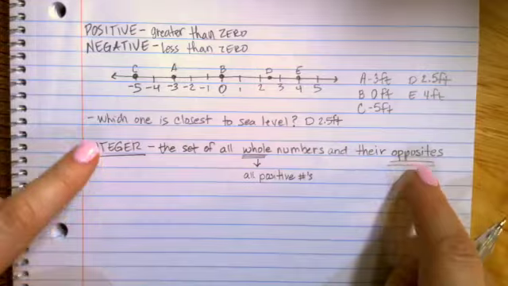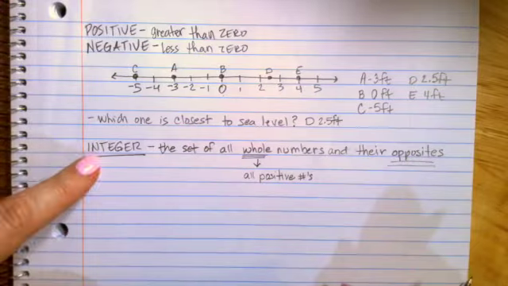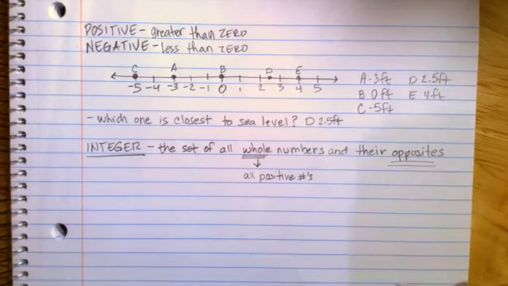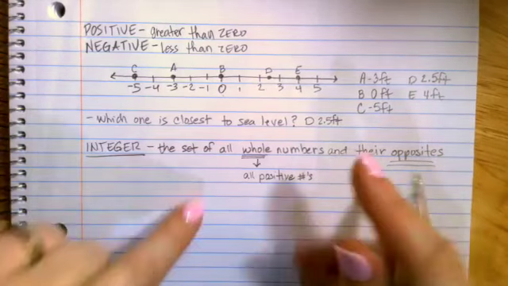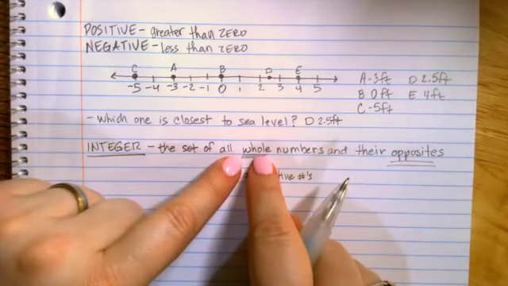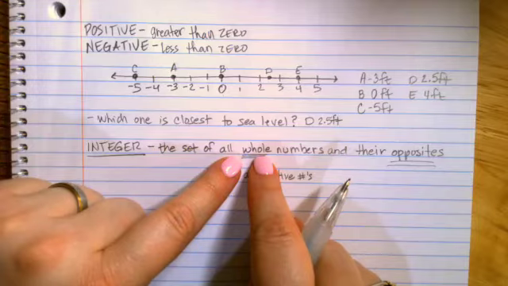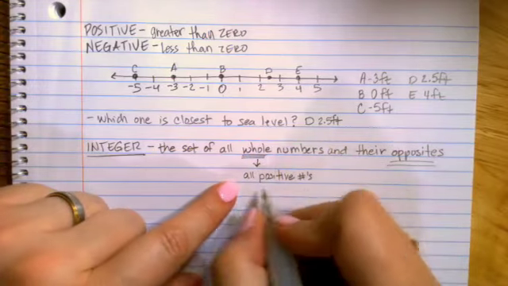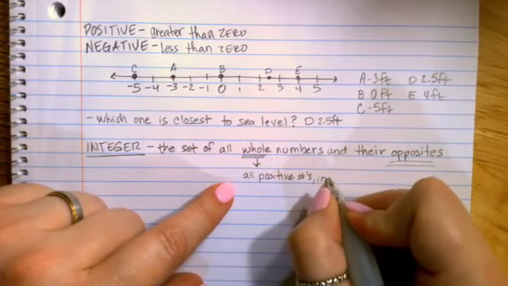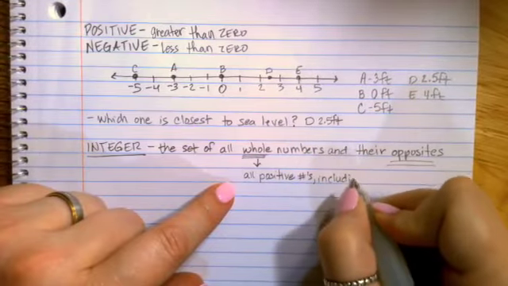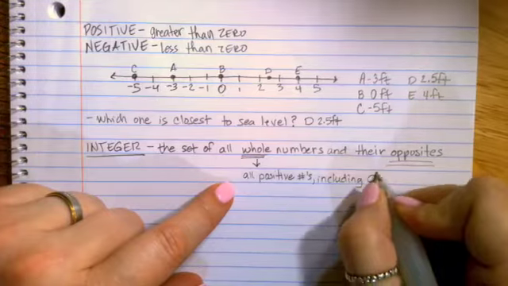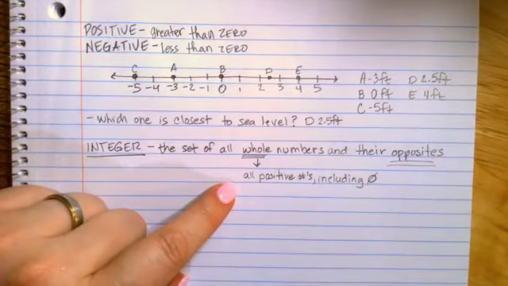So this includes positive and negatives. One thing you don't want to forget, and we're going to touch on this when we start comparing rational numbers, that'll be the next one: whole numbers also include 0. But again, we'll talk about that later.